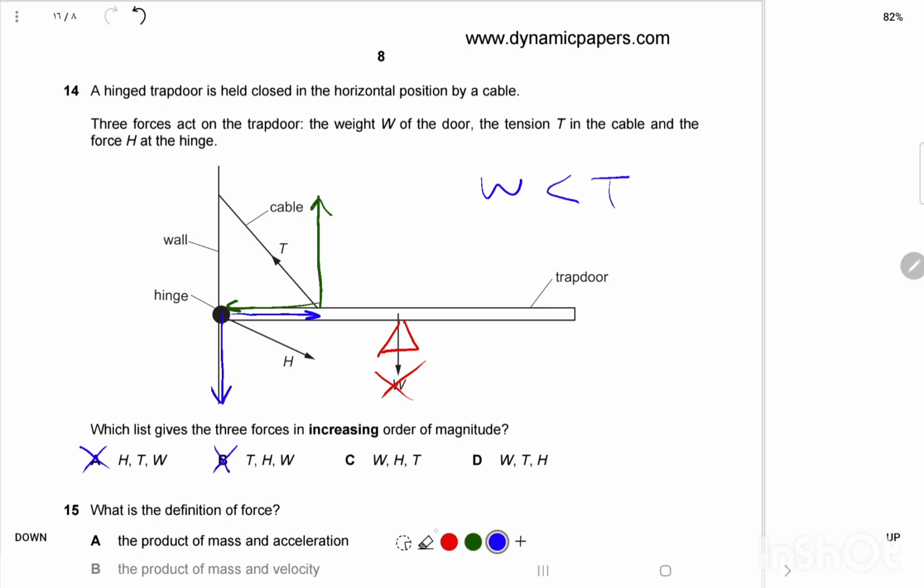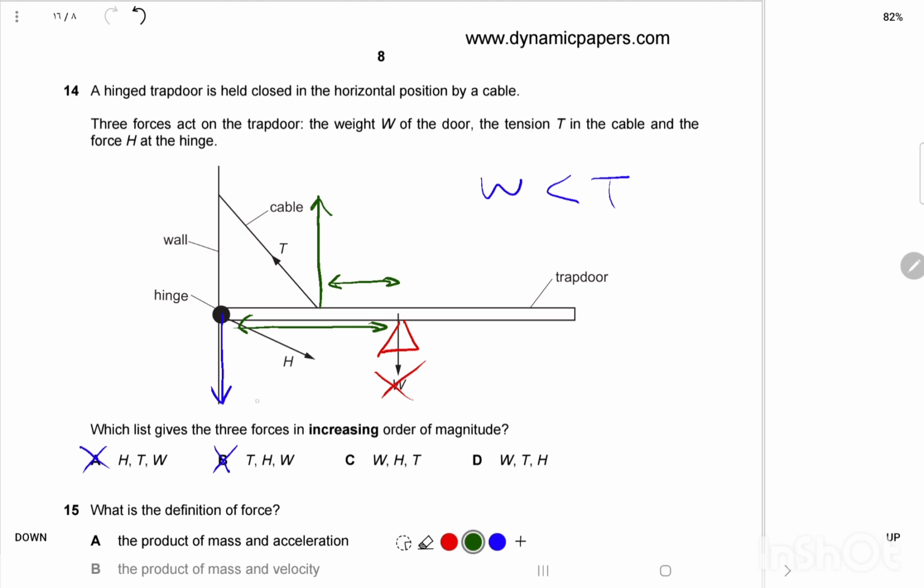We know that the horizontal components of both of them have distance of 0 from the pivot, so we can cancel horizontal components and compare the vertical components. The distance from the pivot for T is smaller than the distance from the pivot of H. Distance of H from the pivot is bigger.